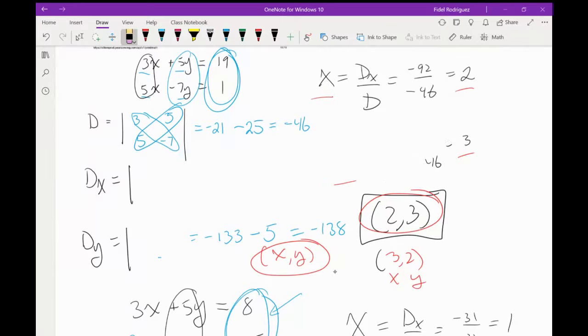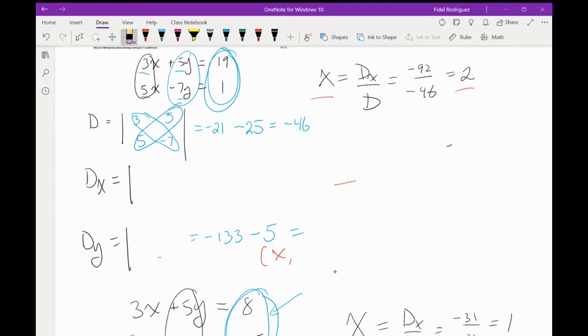Let me clean this mess up. So my dx should be, this is where my 19 and 1 should go, and my 5 and -7 should go there. And then on my dy, my 3 and 5 should stay here, and my 19 and 1 should go there.